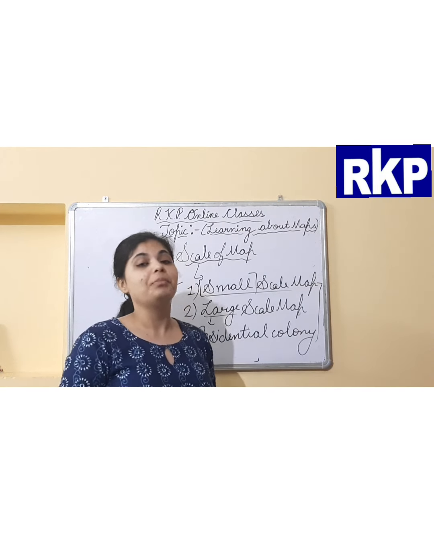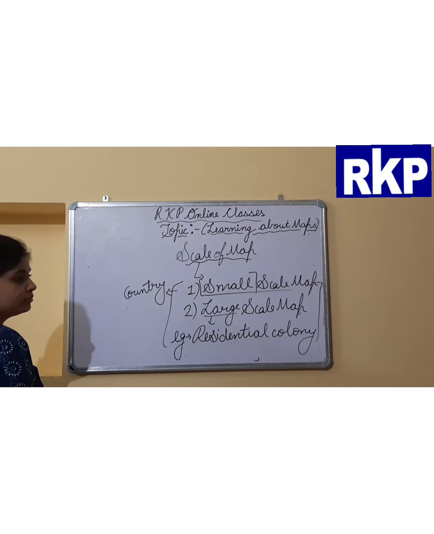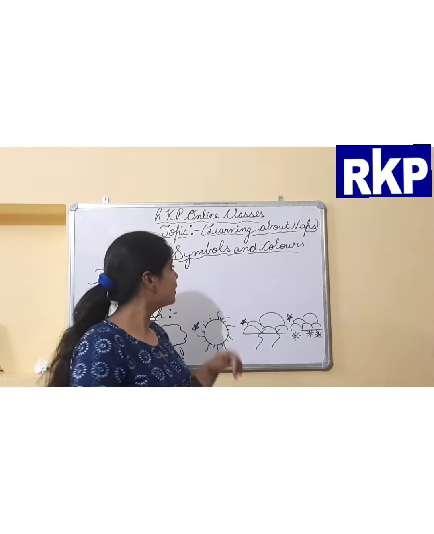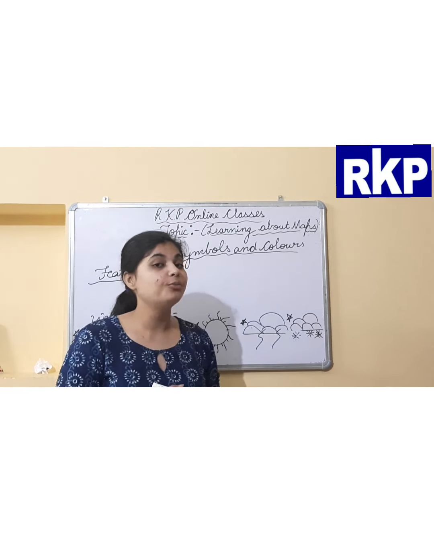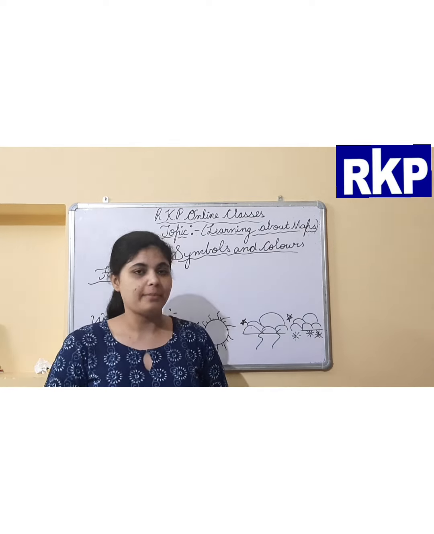Now our next topic is colors on the map. Do you know, students, that the cartographer, the one who makes the map, also uses different symbols and different colors on the map?